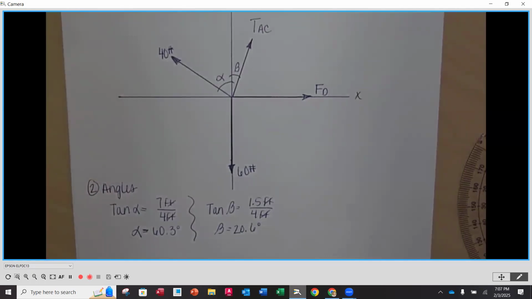You get 60.3 for alpha and 20.6 for beta.